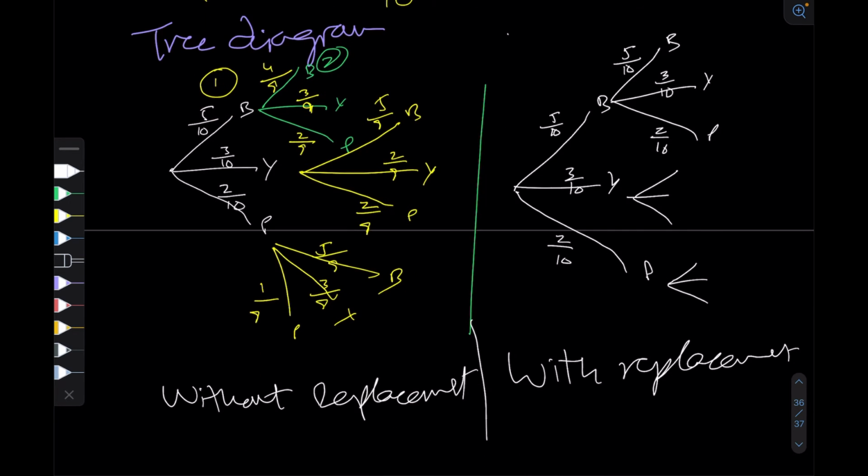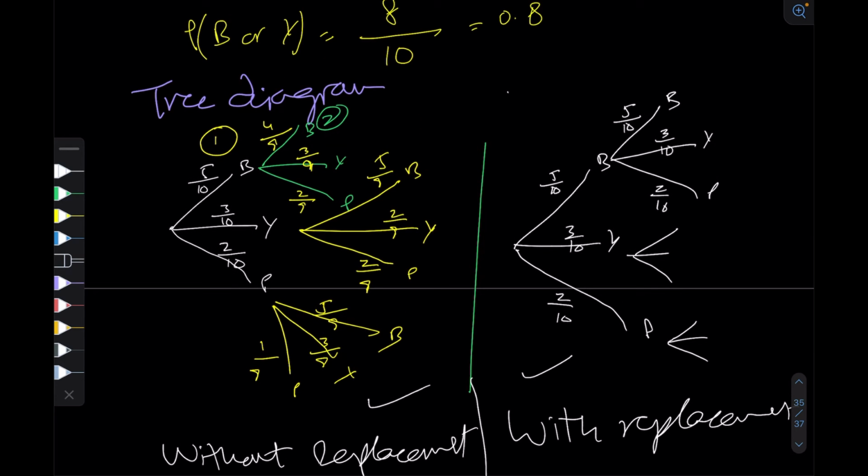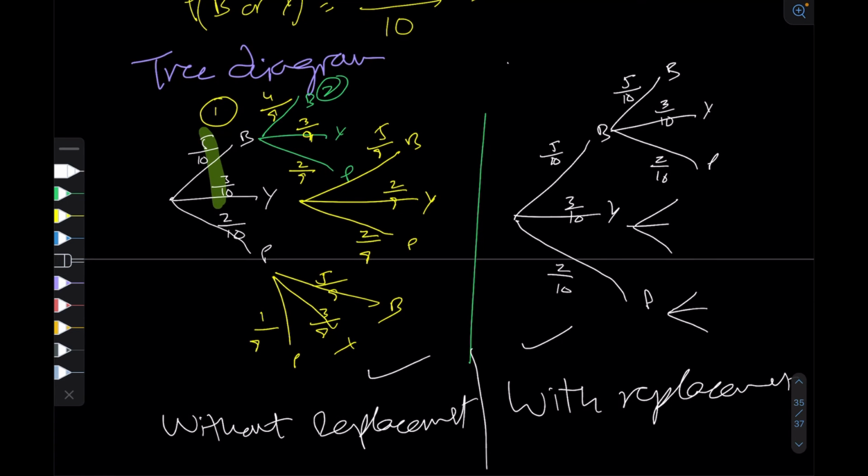So this is a situation with replacement, and this was without replacement. Right, so one thing we discussed was that if you're moving from branch to branch, that is, you're going vertically, you apply the addition law. That is, you add these two.